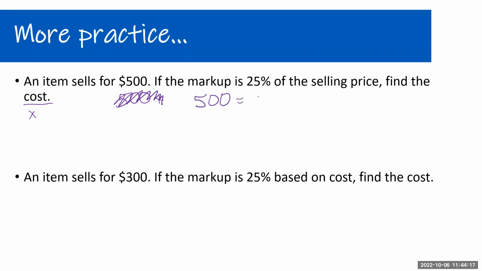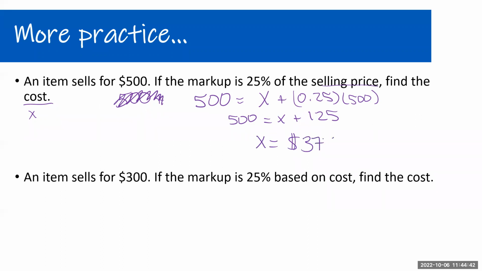Starting with 500, that's going to equal our cost, which we don't know, plus our markup, which is 25% of our selling price, which we know is 500. So 500 equals X plus 125. And if we solve that, we see that X equals $375.